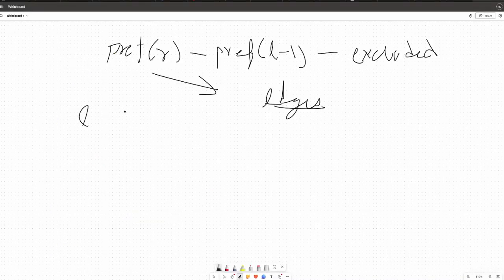This is L to R, right? L plus 1 is a converted zero, this one is a converted zero, and this one is also a converted one. It was not there from before.